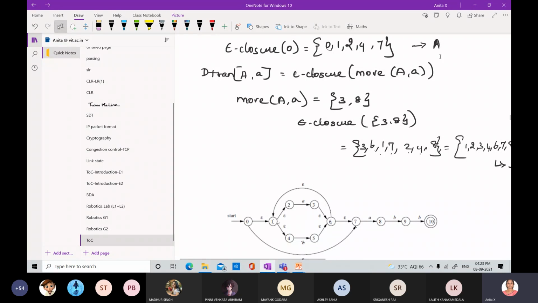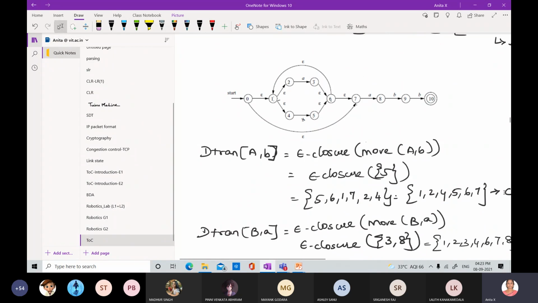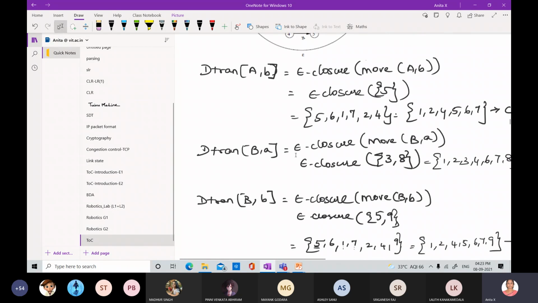Similarly, you have to proceed for each and every input symbol for each and every new state. Here, for dtran of A, a we got B, and for dtran of A, b we got C. So B and C are new states.